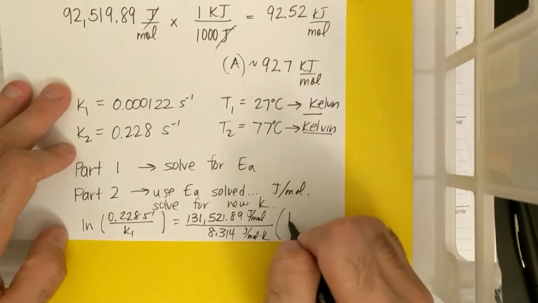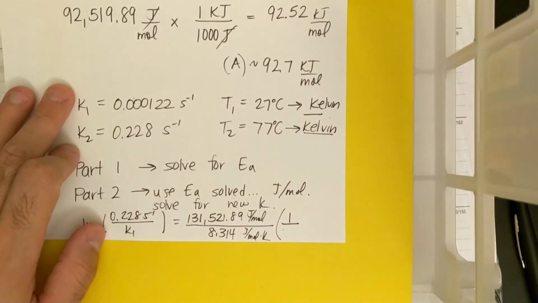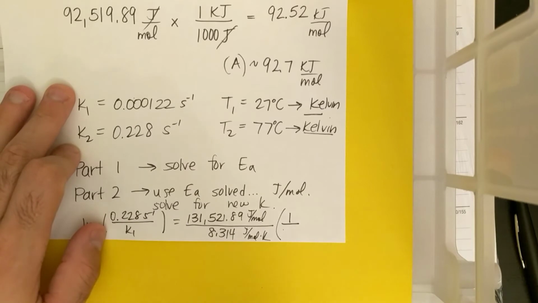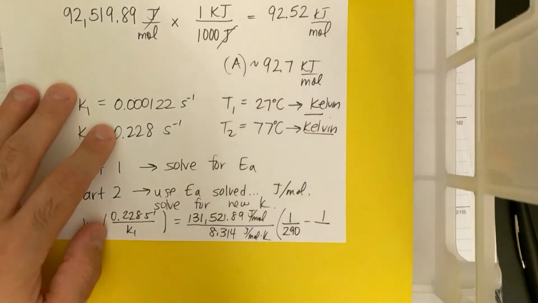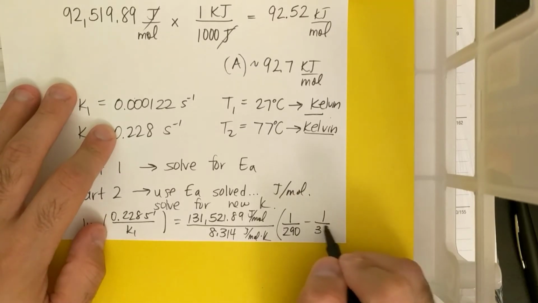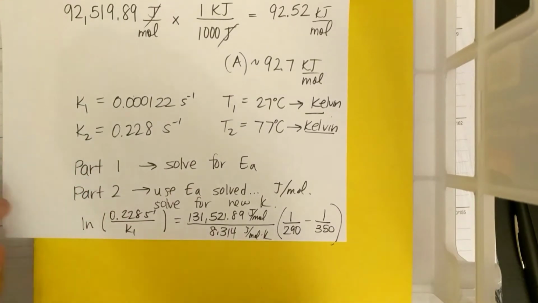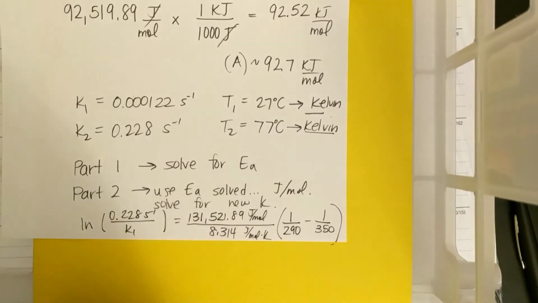And you're going to have 1 over 290 minus 1 over 350. Okay? So in the end, you're going to solve for something like this and solve for K1.